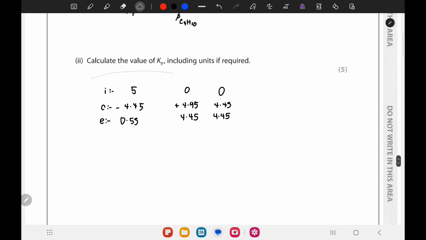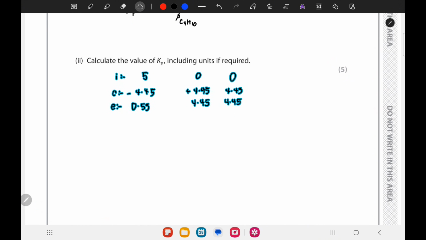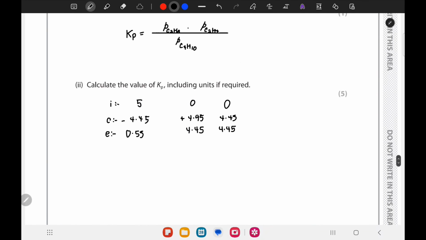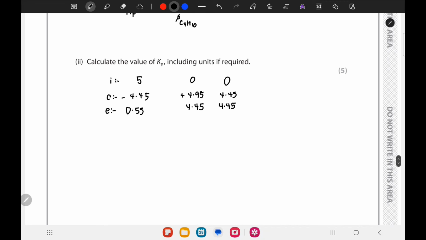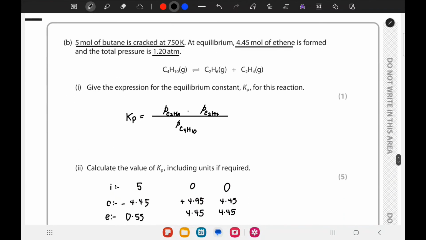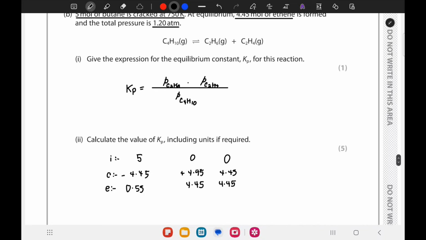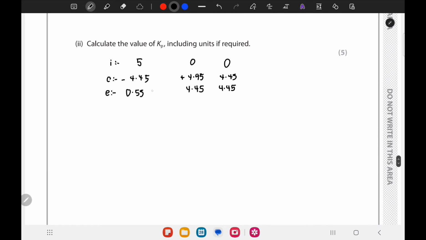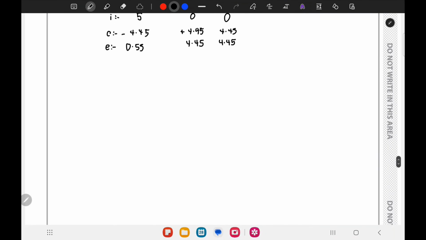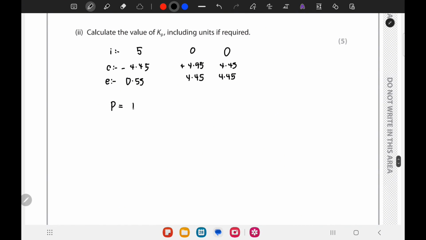Now for part 2, we have to find the value of Kp. So in this case, we need the ICE table.